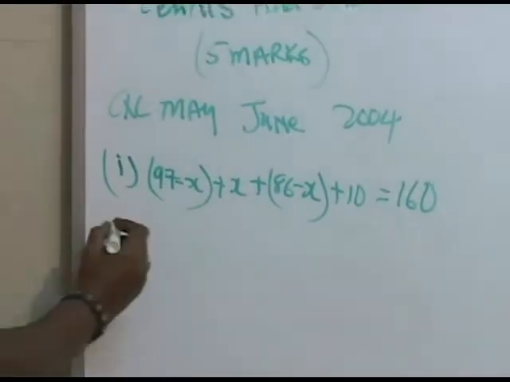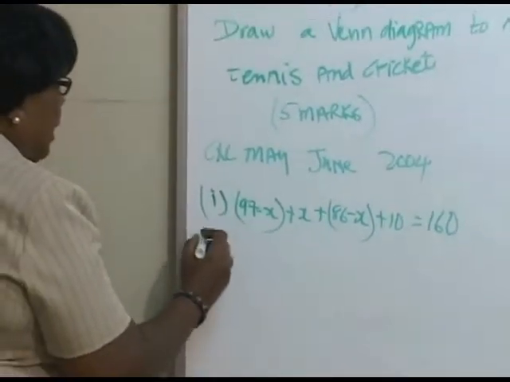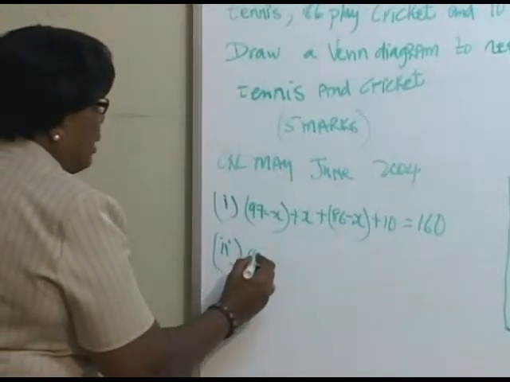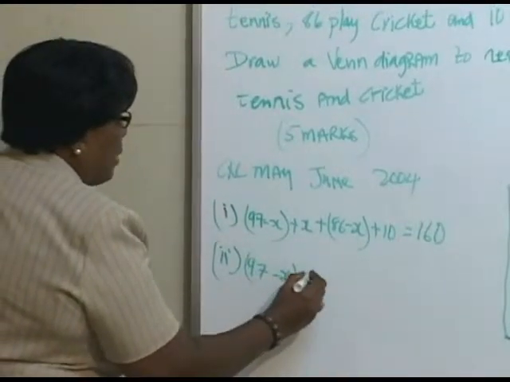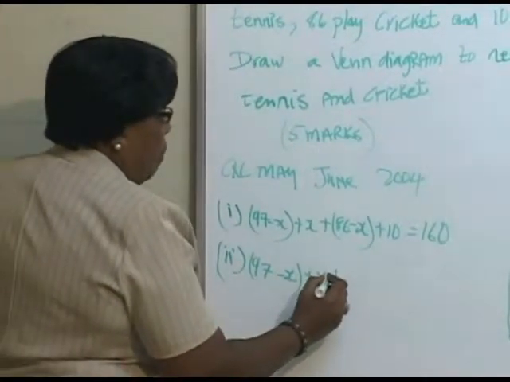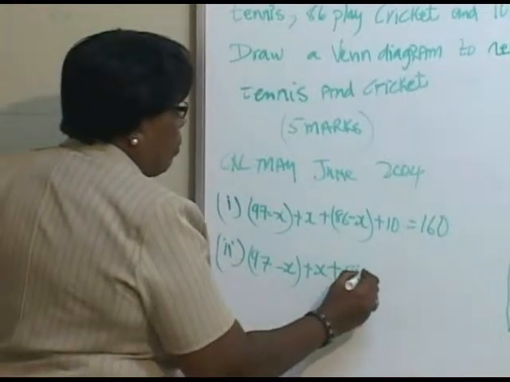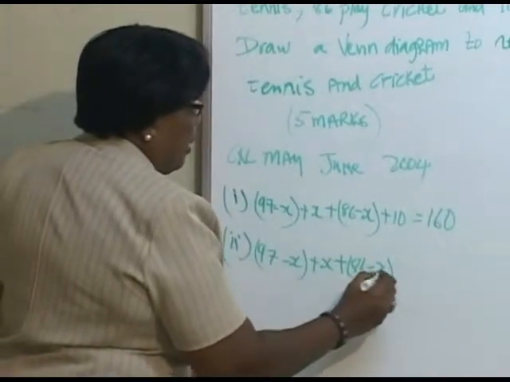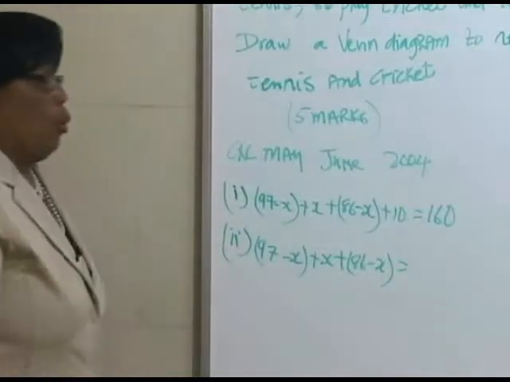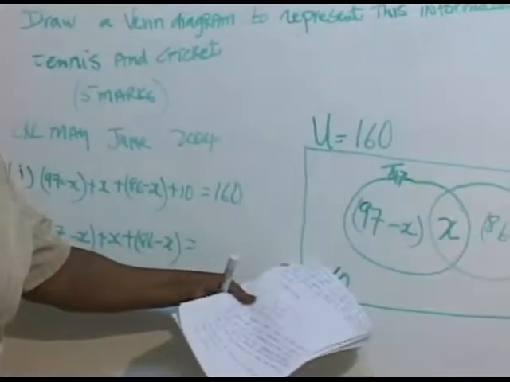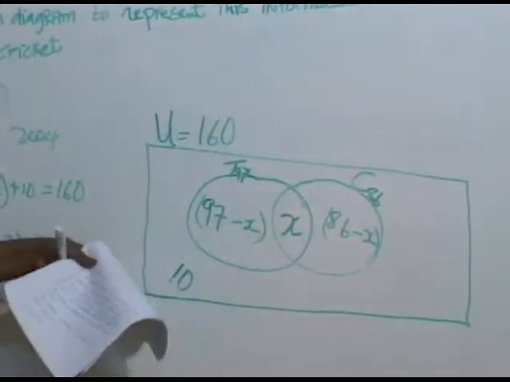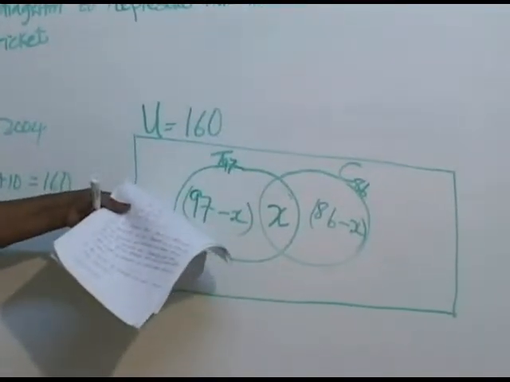Or our second equation, we could have written it to say it is 97 minus x plus 86 minus x is equal to, we have chosen not to include these people because they neither play tennis nor cricket. We want to just concentrate on the tennis and cricketers.